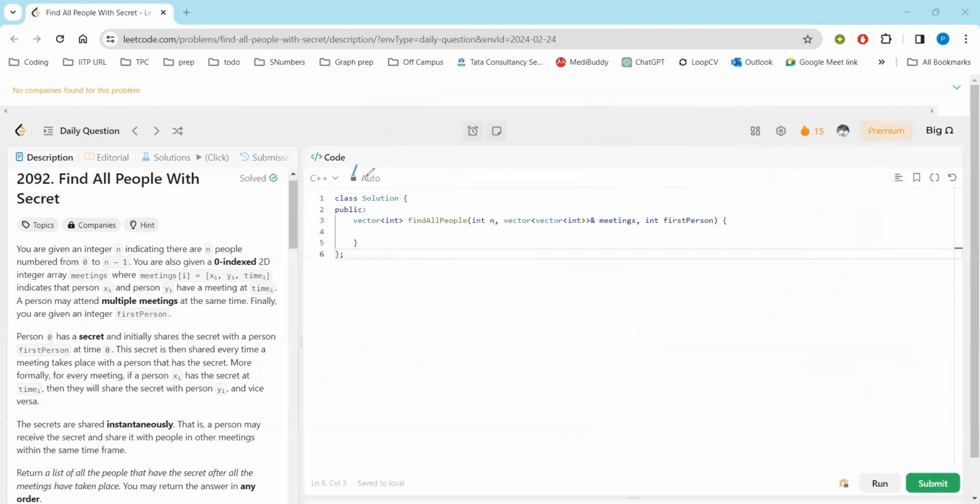Now suppose initially 0 and FP know the secret. So this comes under one disjoint set. And the ultimate source, or we can say the ultimate parent, like in disjoint set we say parent. So the ultimate parent for FP is 0.